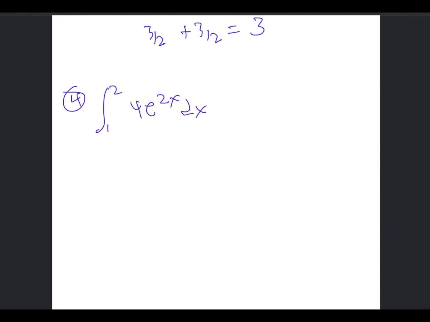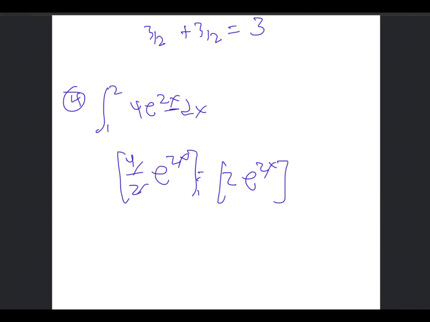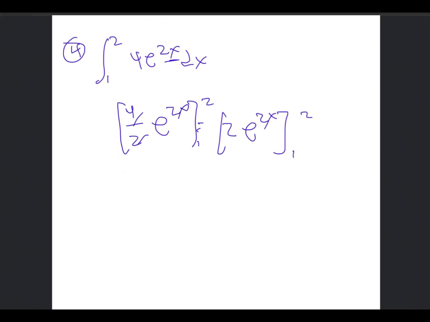When you integrate it, you just divide by the result of the differential of the exponent. When I differentiate, I'm going to get 2. So I'm going to get 4 over 2 exponent 2x, and therefore we are going to get 2 exponent 2x. And remember that I have from 1 to 2.